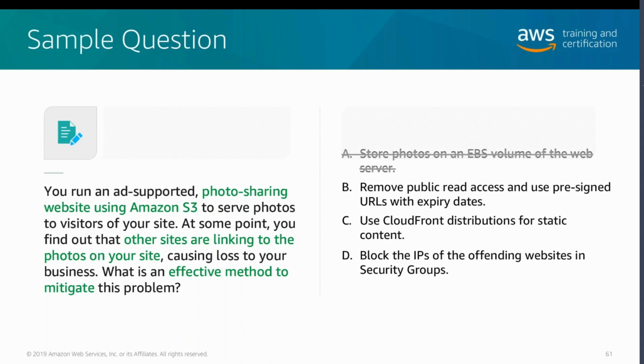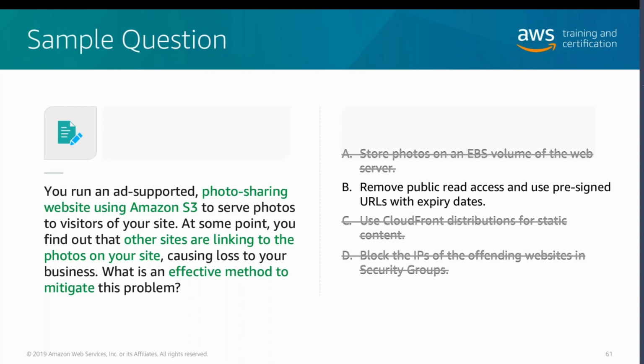I don't know. That doesn't seem like it's going to solve the problem to me. Block the IPs of the offending websites in your security groups. Now, that would work if we had security groups in front of S3, so I don't like that one either. It doesn't work in this case, so I would remove the public read access and use pre-signed URLs. That seems to be a good option.